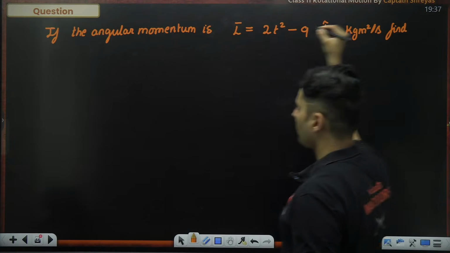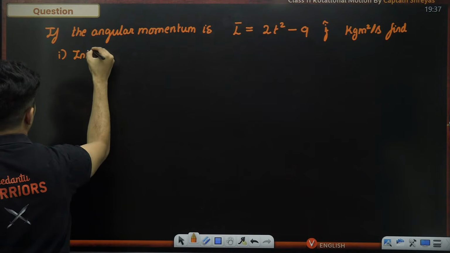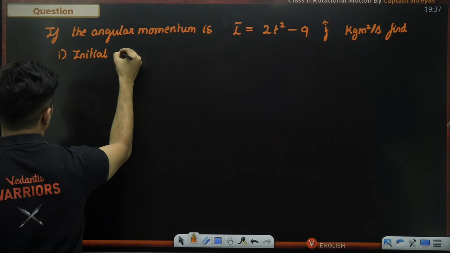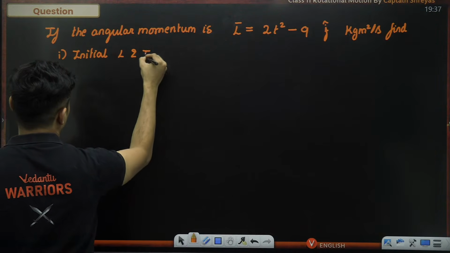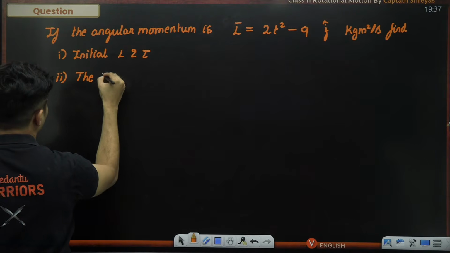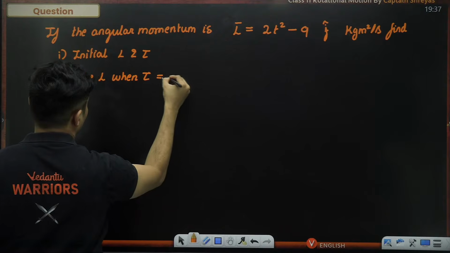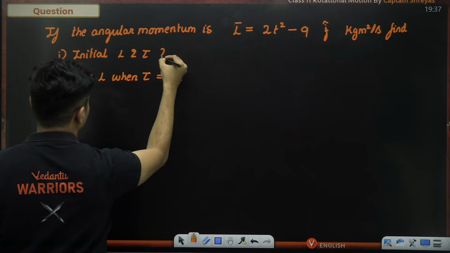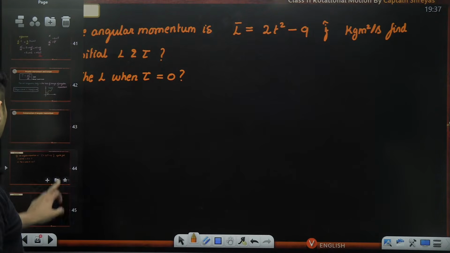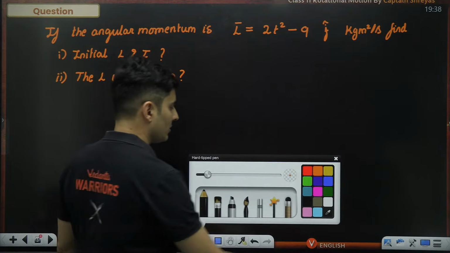Find, number one, the initial L and torque. Number two, the L when torque is 0. These are the two questions.